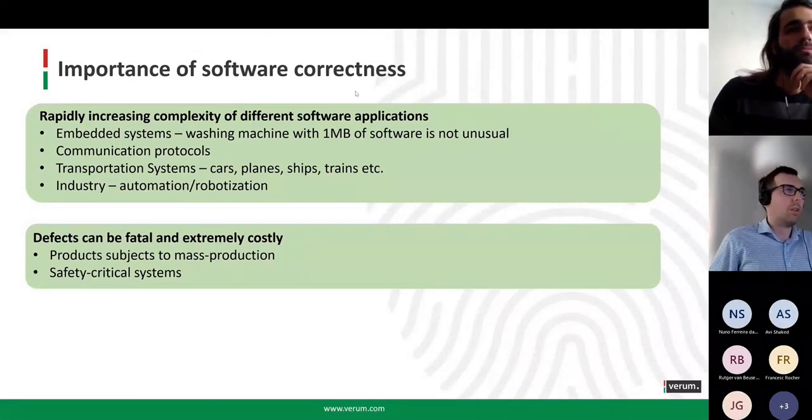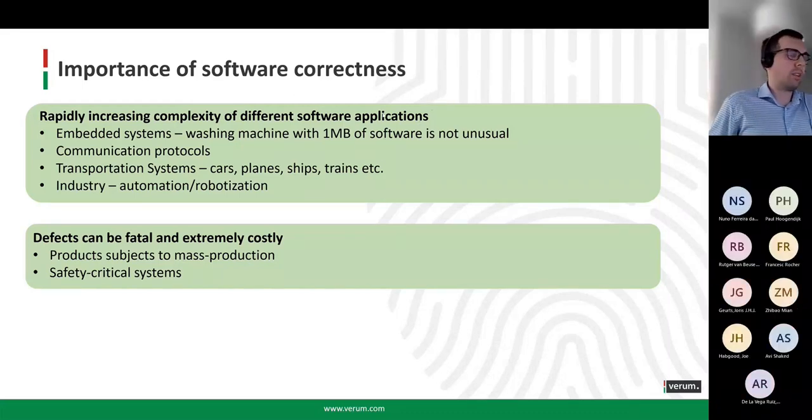Let's start with the importance of software correctness. Nowadays, we can observe a rapid increase in the complexity of different software applications. For example, a washing machine with software that weighs more than 1 megabyte is not something unusual.